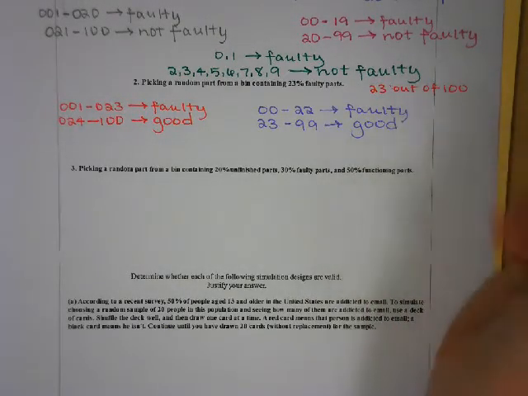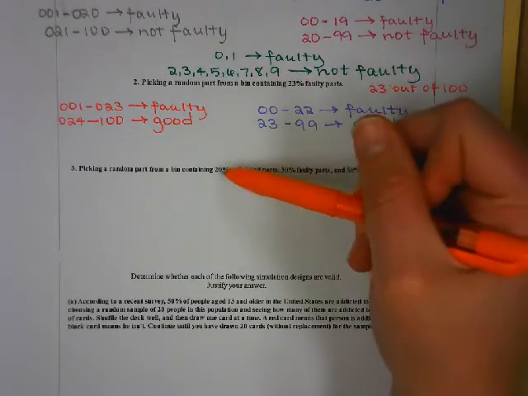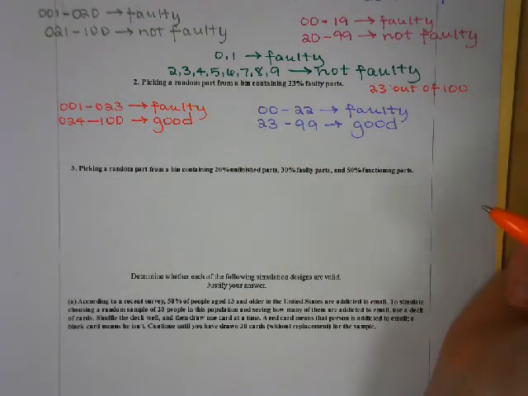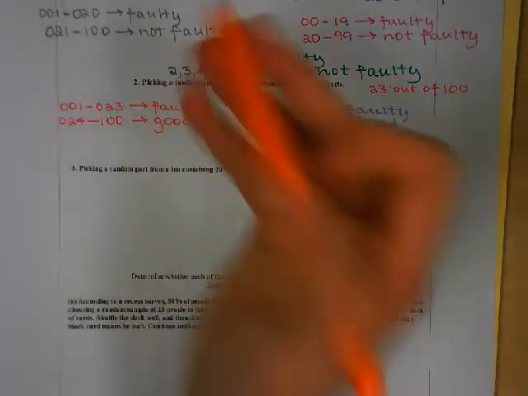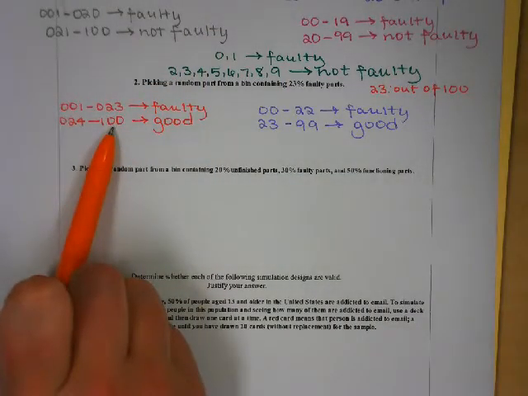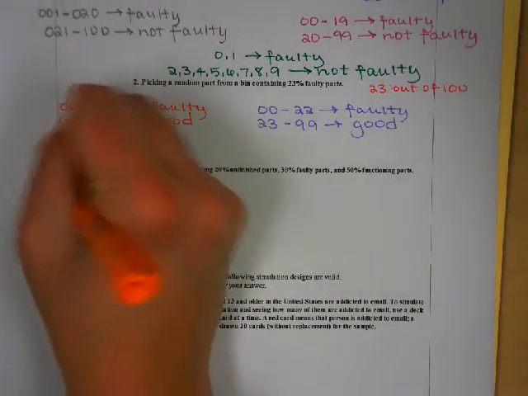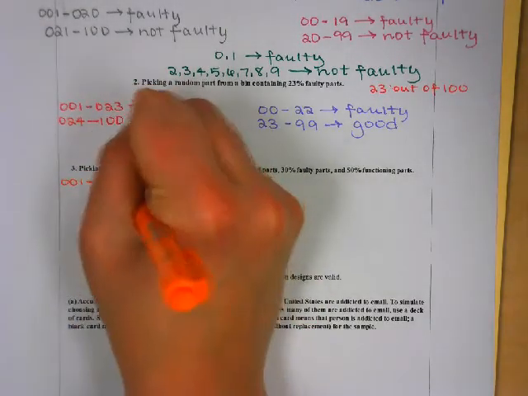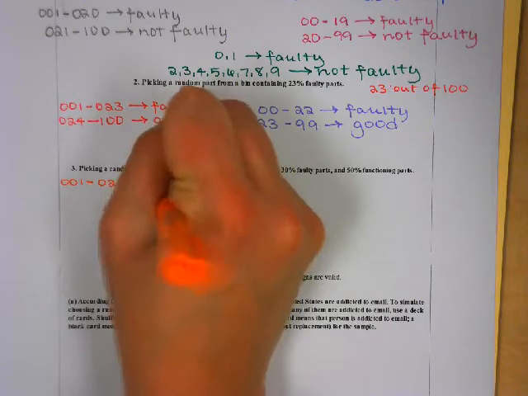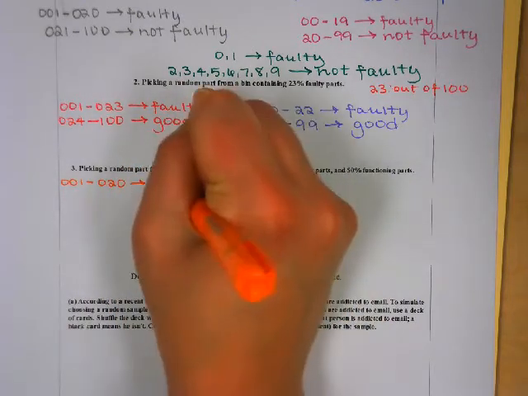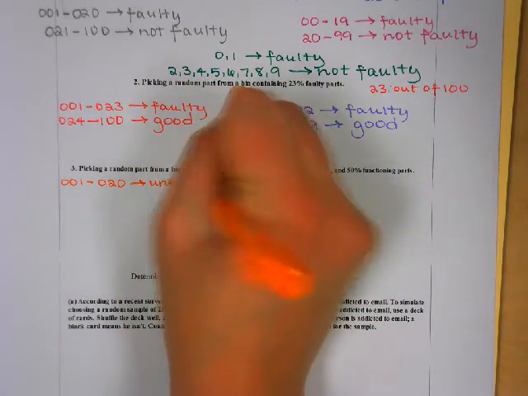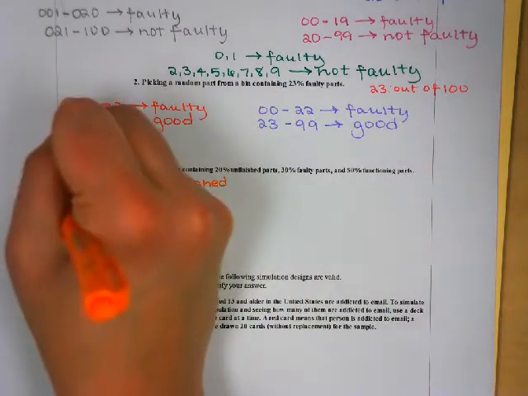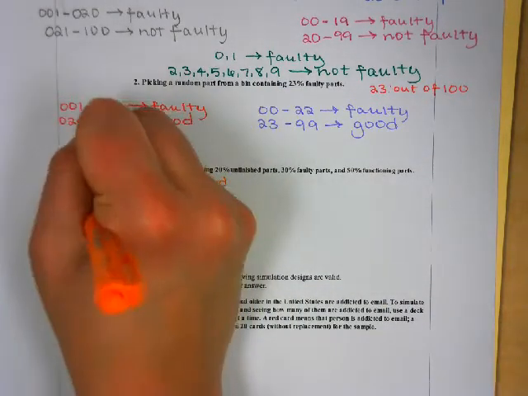So I'm going to start with out of 100. So 20% are unfinished. So if I'm working with 100, I have to have 3 digits. So 001 to 020 would be unfinished. The next 30% are faulty. So that would be 021 to 050.